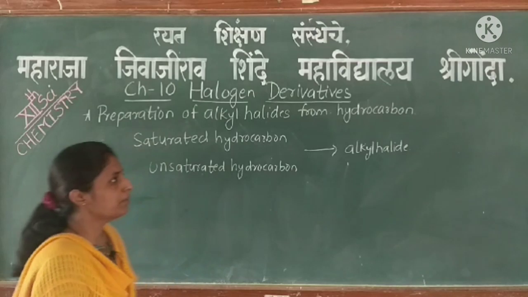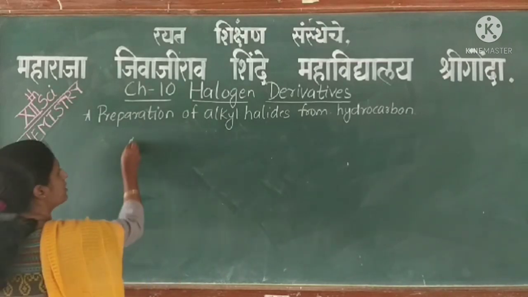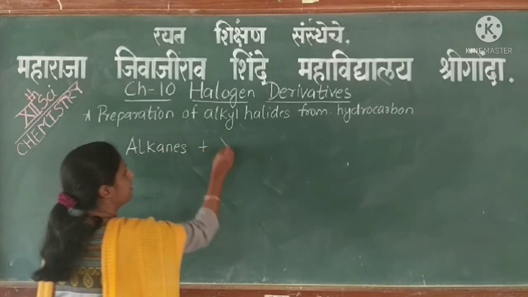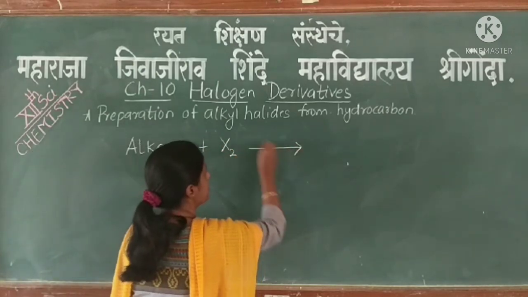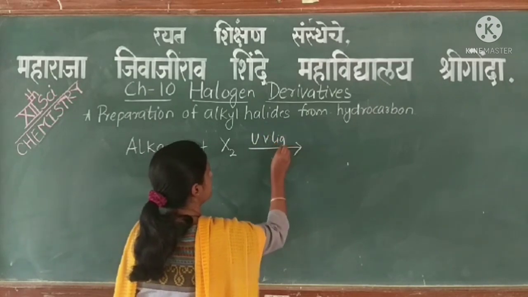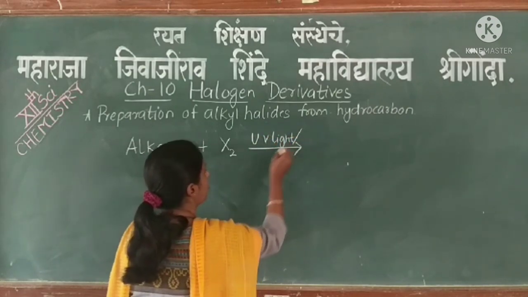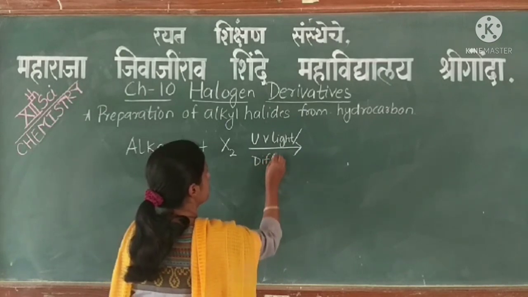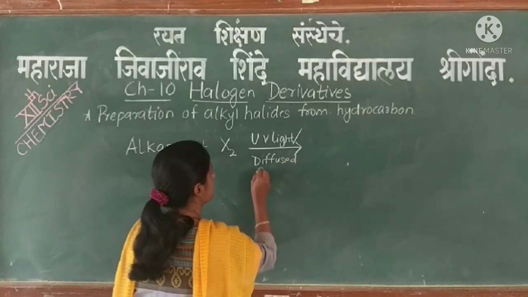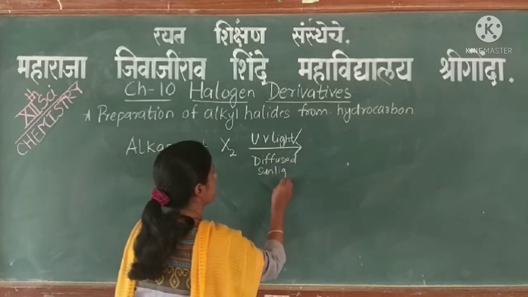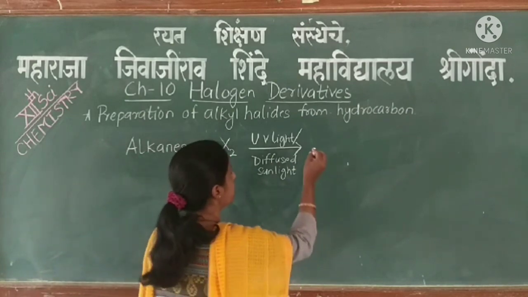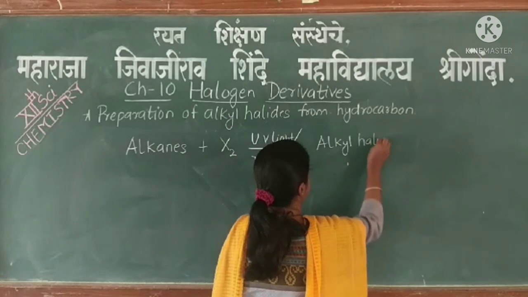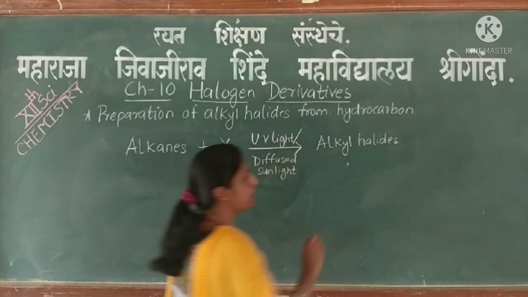Let's revise that method. Now we have studied that alkanes, when reacted with halogens in presence of UV light or diffused sunlight, give you alkyl halides.